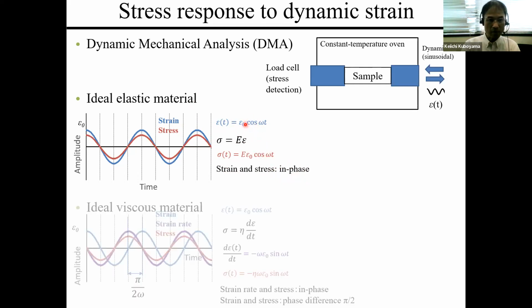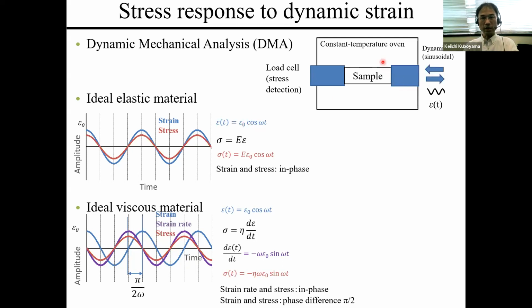But if the material is an ideal viscous material, the phenomenon becomes different from the elastic one. In this case, when you apply the sinusoidal strain to the sample, stress is proportional to the strain rate.